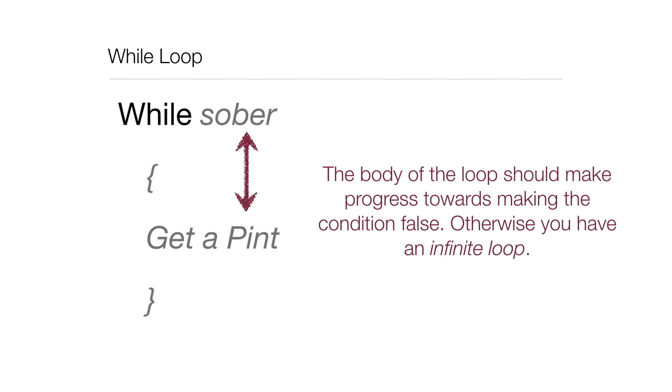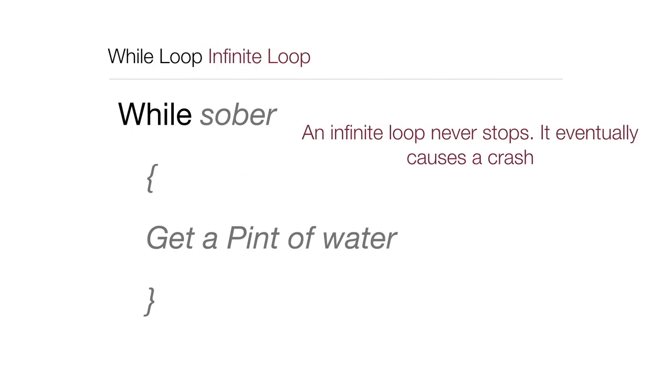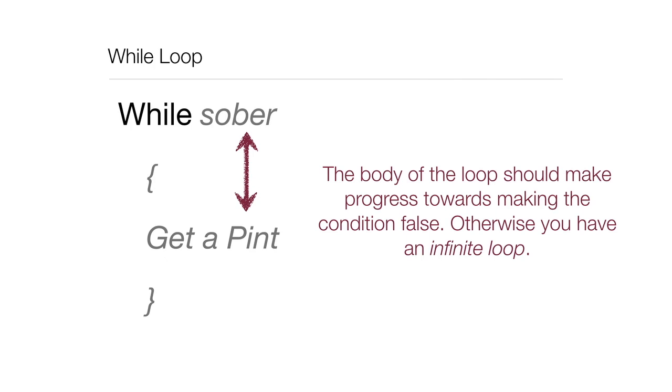So if, for example, you had, while sober, get a pint of water, well, that's going to go forever and ever, because a pint of water isn't going to get you any closer to not being sober. So it's very important that when you design the body of your loop, you make some progress towards getting out of the loop.